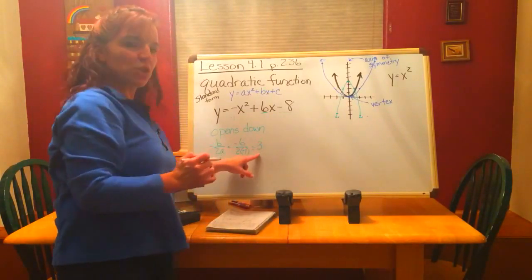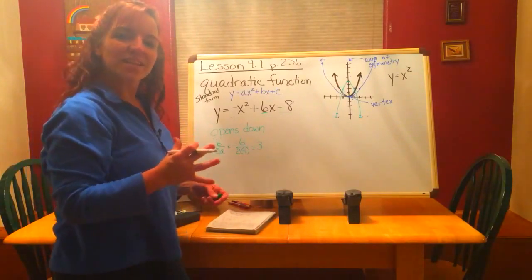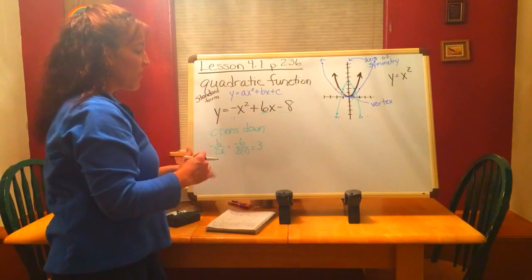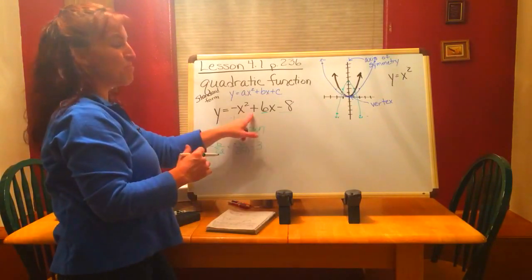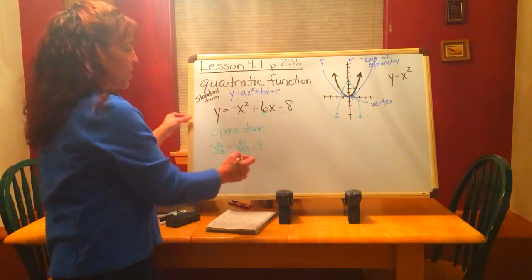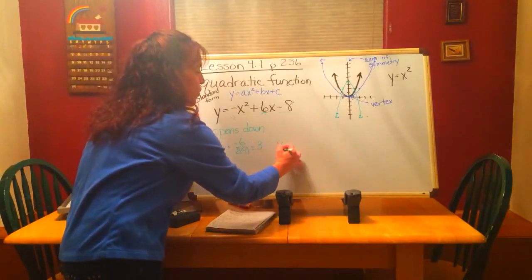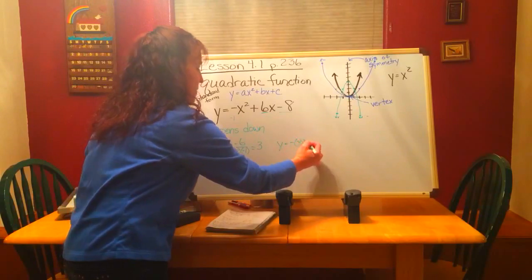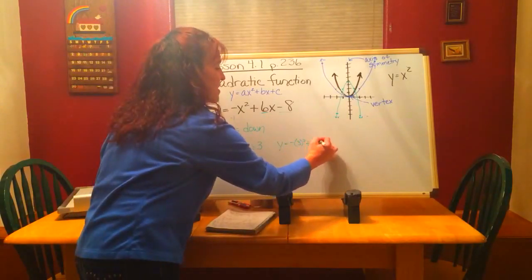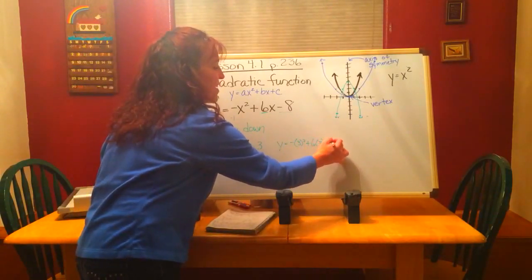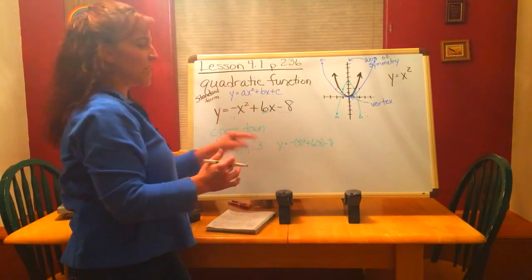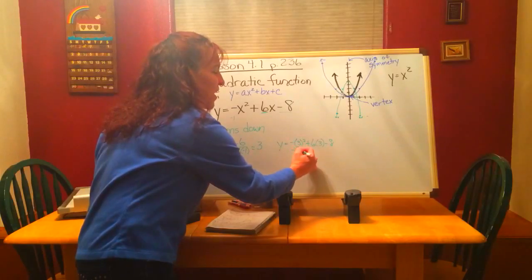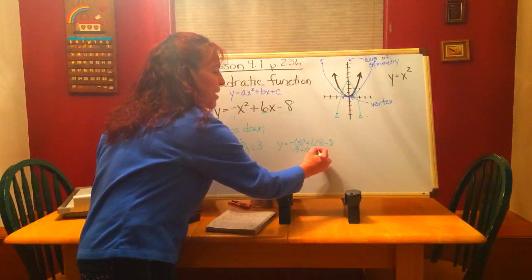So what this gives you is the x-coordinate of where your vertex is. You find the y-coordinate by putting it back into the original formula. So you'll put in y equals negative 3 squared plus 6 times 3 minus 8, and simplify that. 3 squared is 9, so negative 9 plus 18 minus 8.